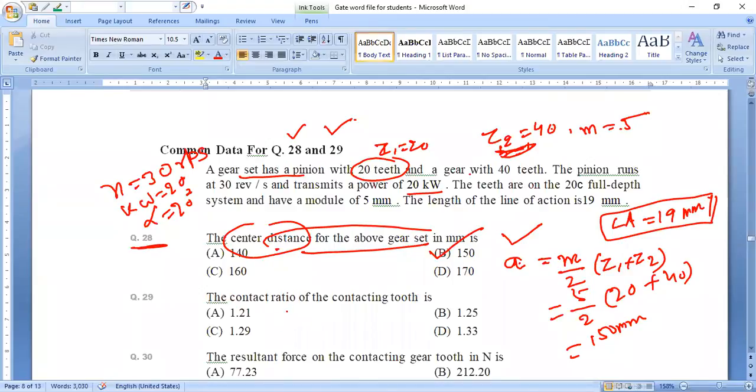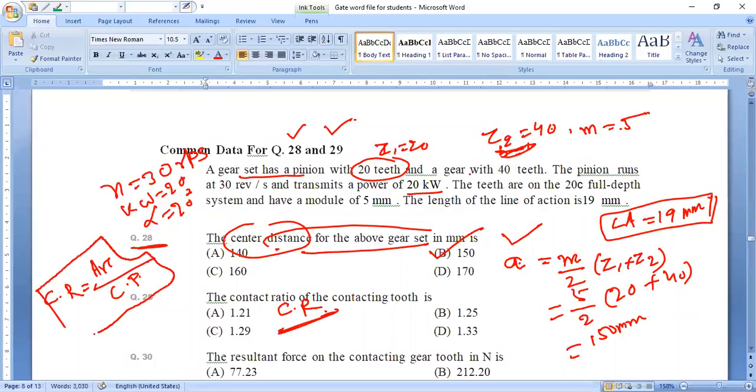Now the contact ratio of the contacting tooth. You have to find CR, the contact ratio. So how is contact ratio calculated? Length of the arc of contact divided by circular pitch. This is the formula for the contact ratio. Keep in mind, maybe you haven't studied it like this.